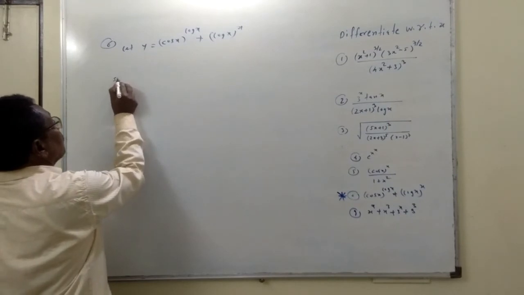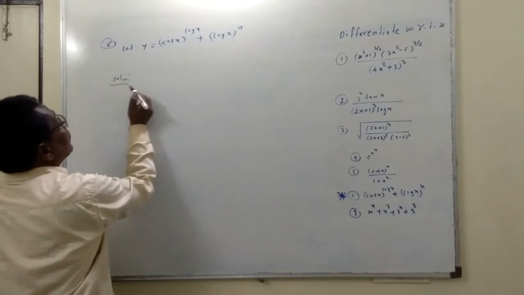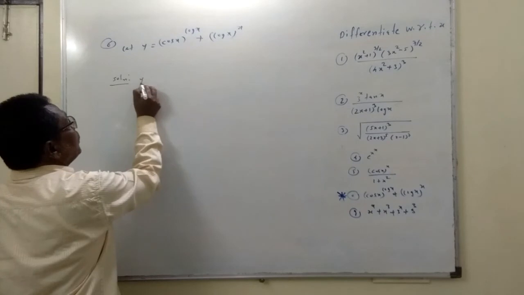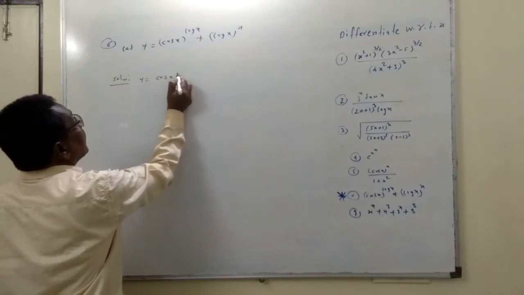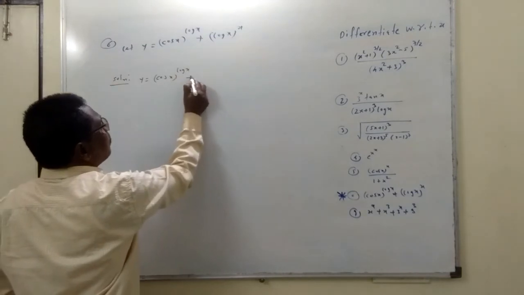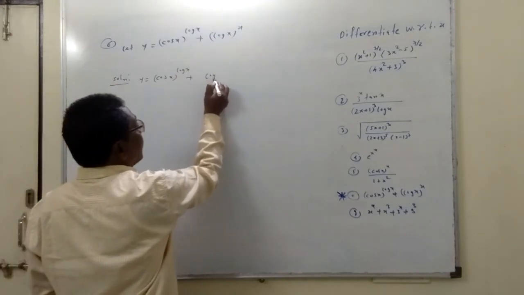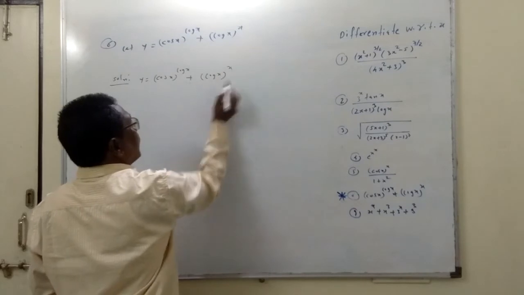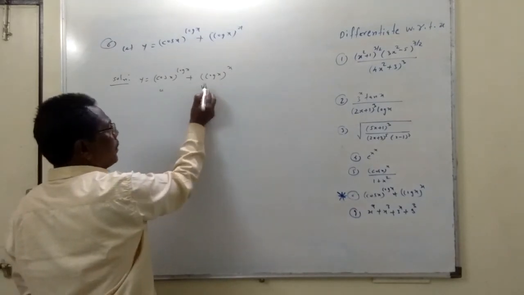So, solution. y is equal to cos x raised to log x plus log x raised to x. Suppose this is u and this is v.